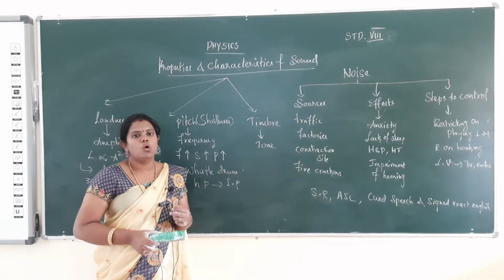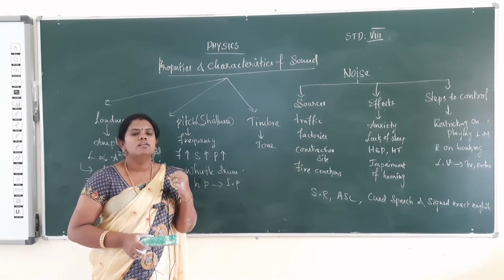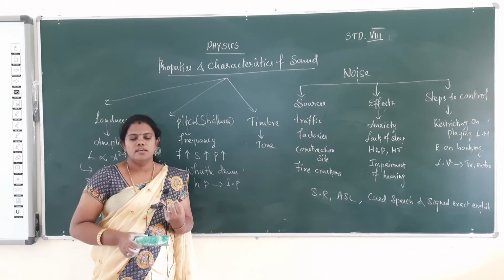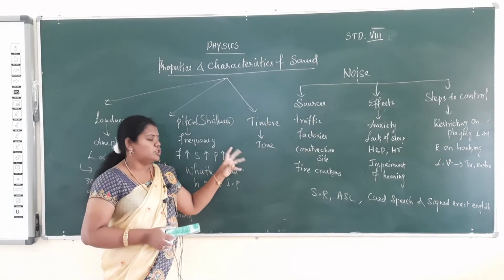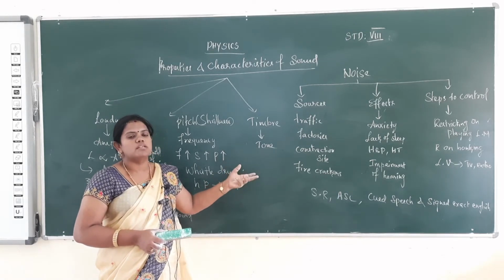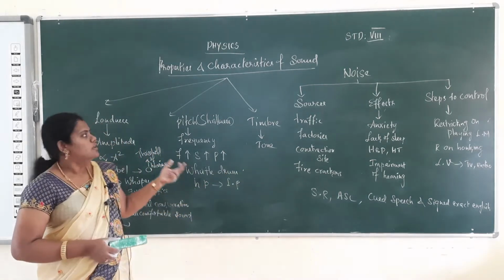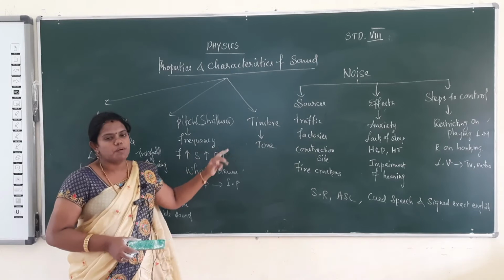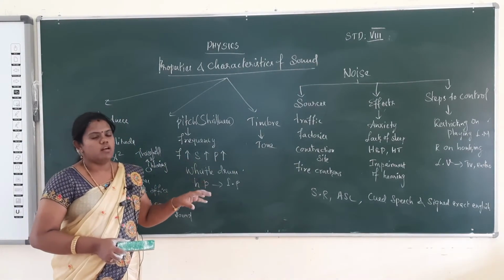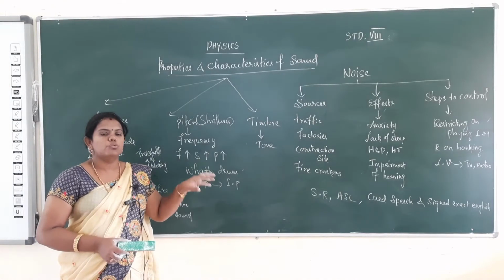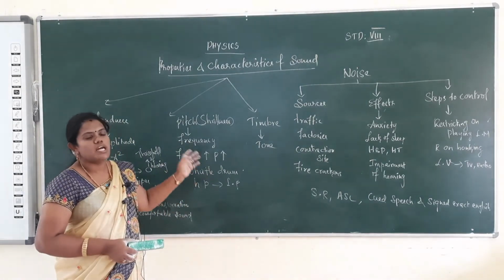Okay. So tone gives the auditory sensation to your ears. Tone is used to distinguish sounds when loudness and pitch are the same. Tone is one characteristic of sound, used to distinguish the same pitch and same loudness.